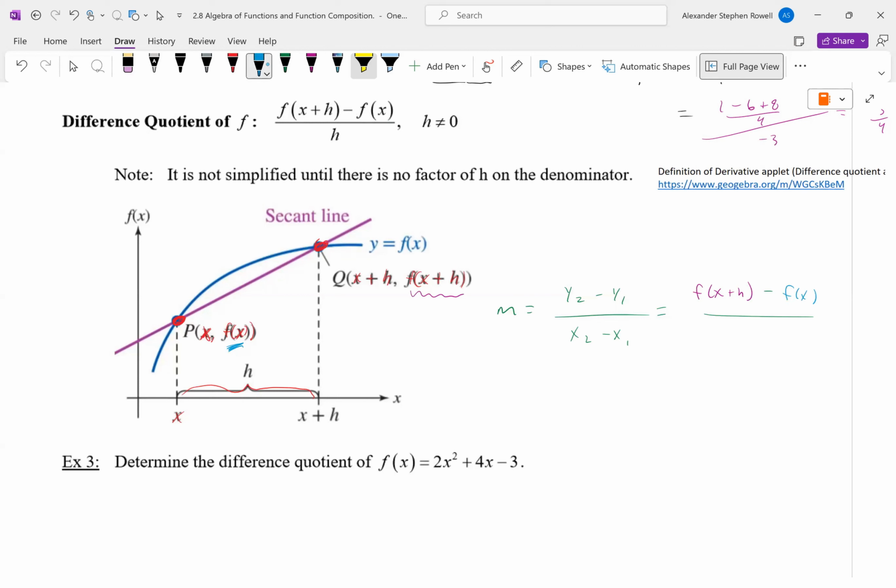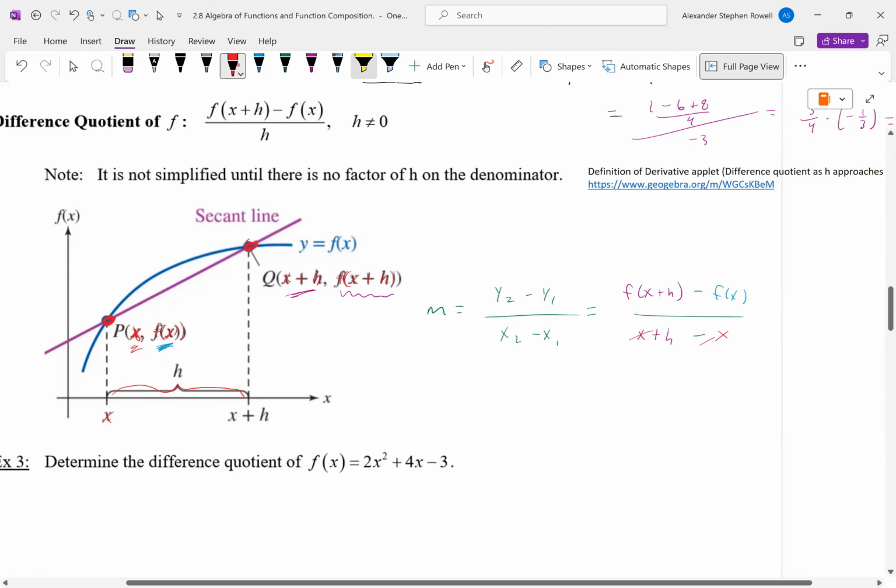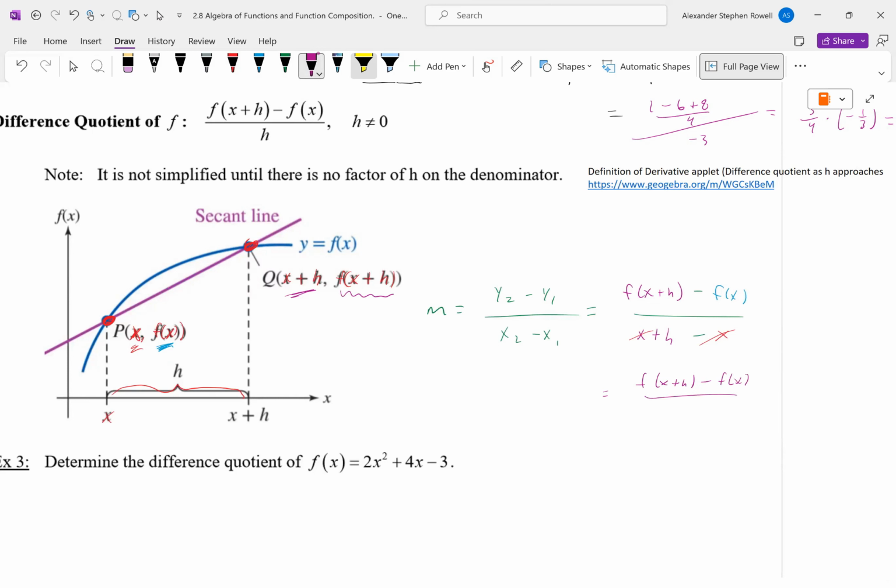What is x2? x plus h. And what is x1? Yeah, x. Very good. Hey, look at that. The x's cancel, and we get the difference quotient: f of x plus h minus f of x, over h. So this represents the slope of this secant line, which is just y2 minus y1 over x2 minus x1.